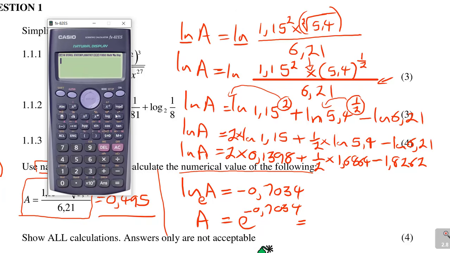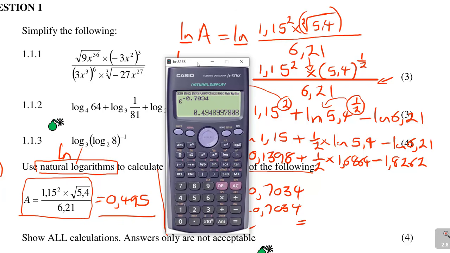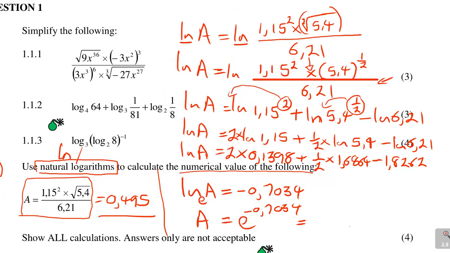It is shift e, and then you've got negative 0,7034. Seeing that, equal to, the answer is 0,494899. Set up to 3 decimal places, there it is, 0,495, what we just got.